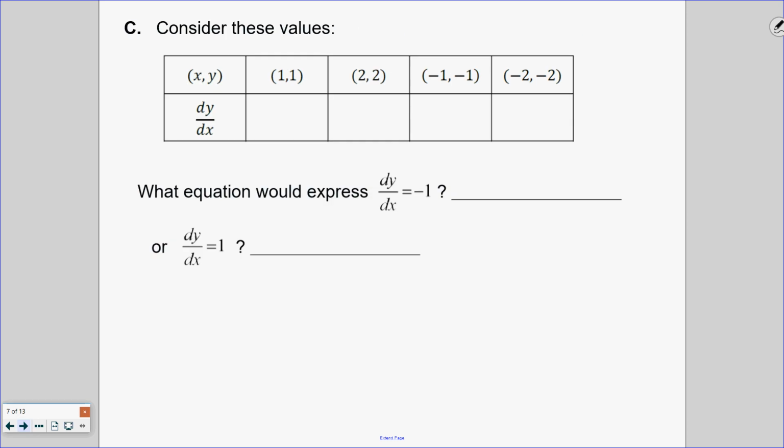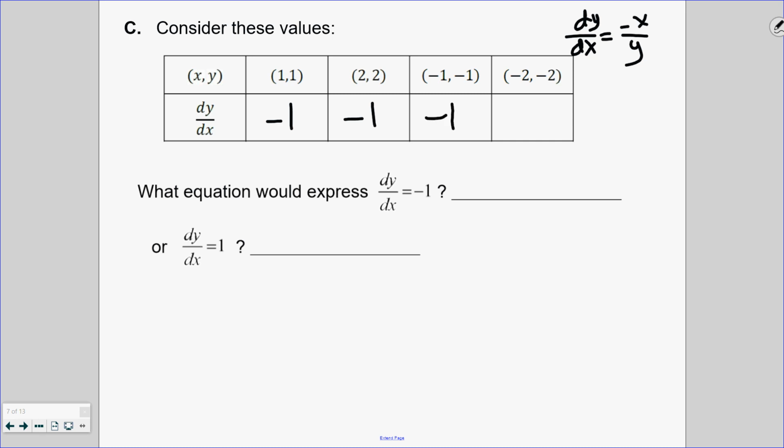Now, look at these values. So now we're at (1, 1), (2, 2), (-1, -1), (-2, -2). So we're at places where x and y are equal. So kind of on the diagonal there. Again, we're doing dy/dx equals minus x over y. So if we do (1, 1), we'll get negative 1 over 1, which is negative 1. If we do (2, 2), we get negative 1. If we do negative 1 over negative 1, we're going to get negative 1.